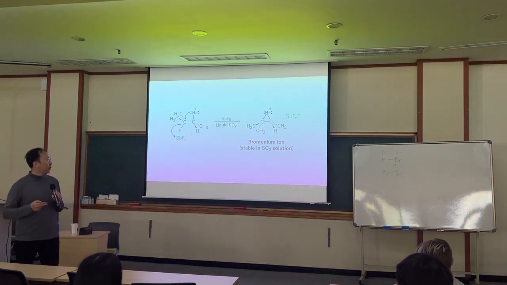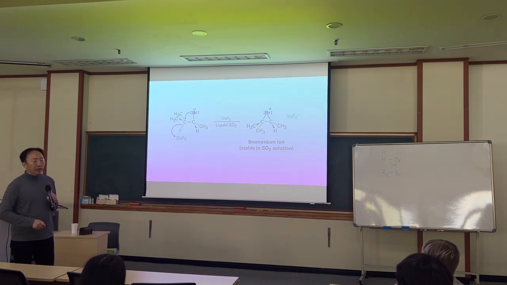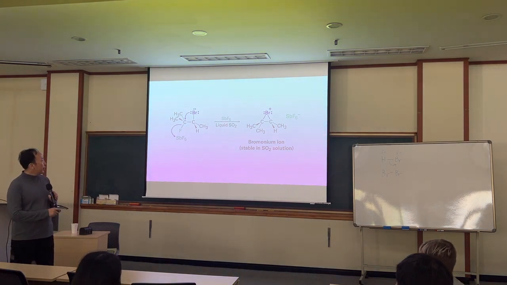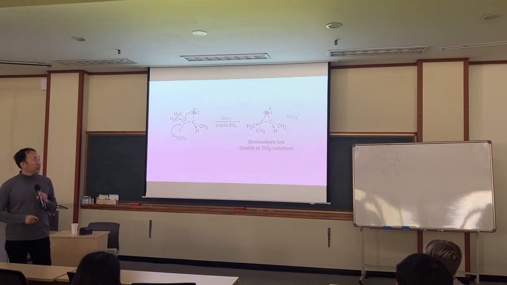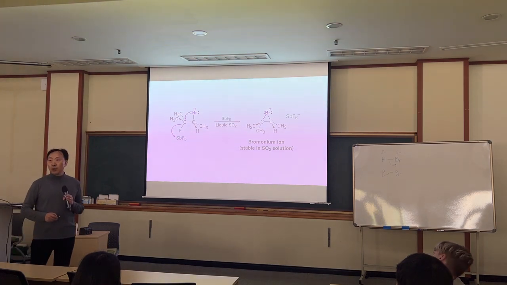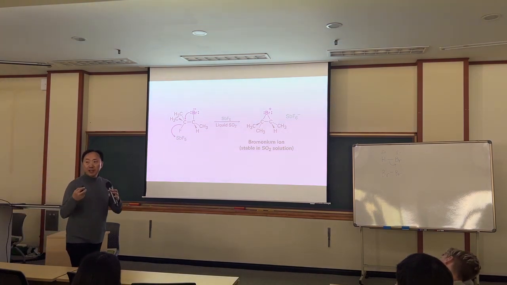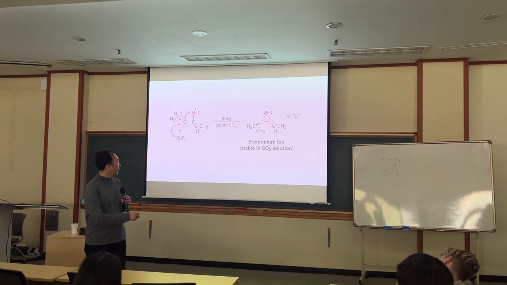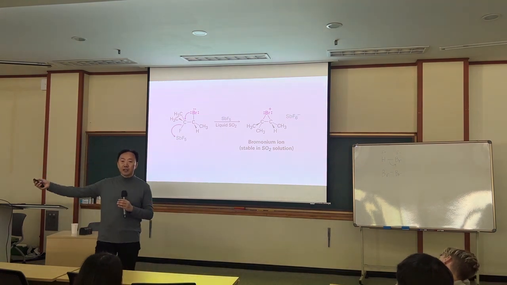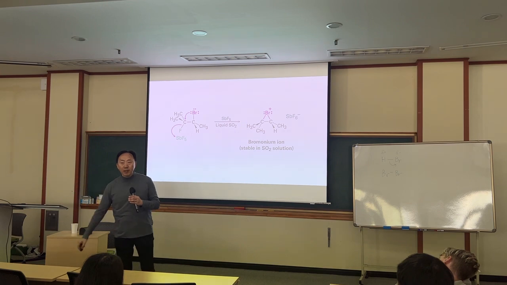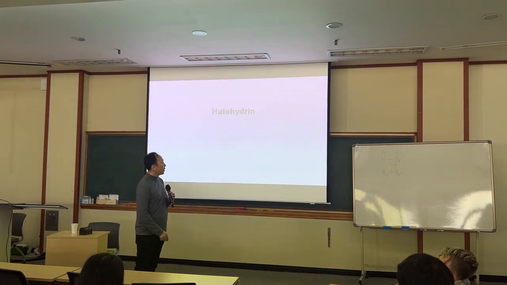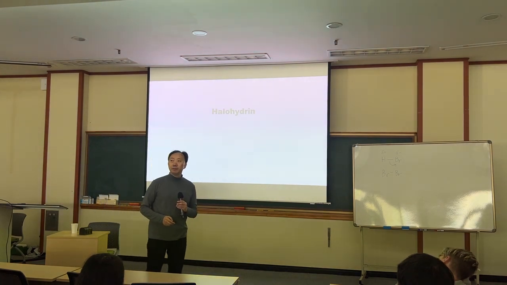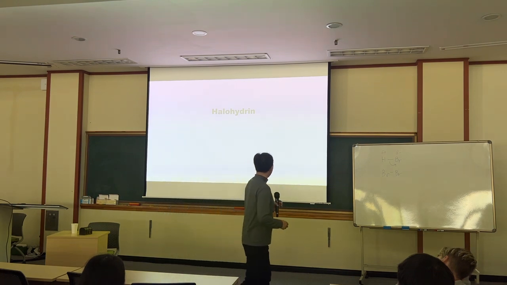That's the Markovnikov rule. And then Br2 affects this one first, and then the intermediate is formed. This is a kind of stable intermediate. That's why Br plus can be taken by the pi electron, and Br minus is released. And that Br minus comes back and attacks here and finishes the reaction. Okay, similar. Now, the next reaction.